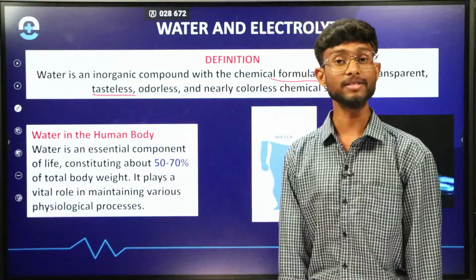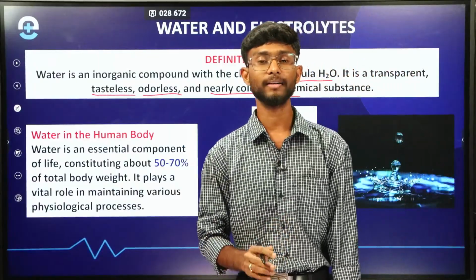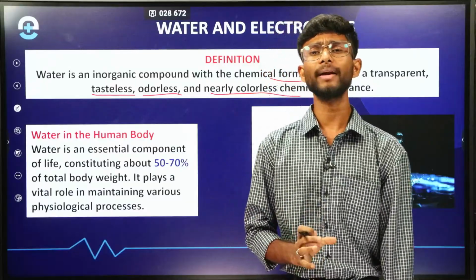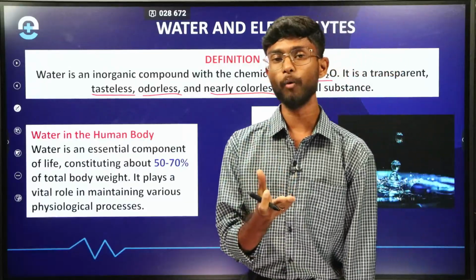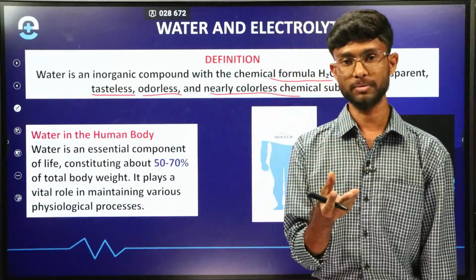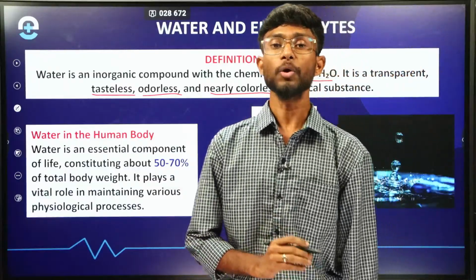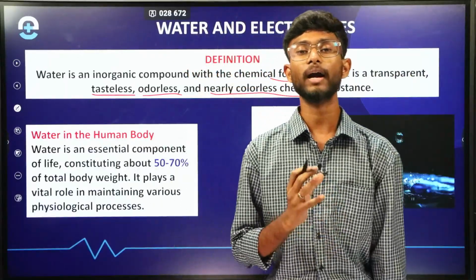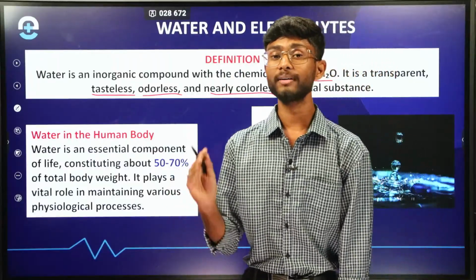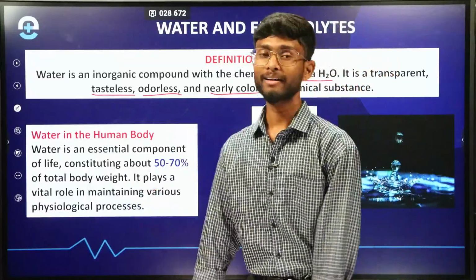It is tasteless, odorless and nearly colorless, and it is very transparent. If you pass light through water, you can easily see through it. That is what water is: an inorganic compound with the chemical formula H2O, transparent, tasteless, odorless and nearly colorless.